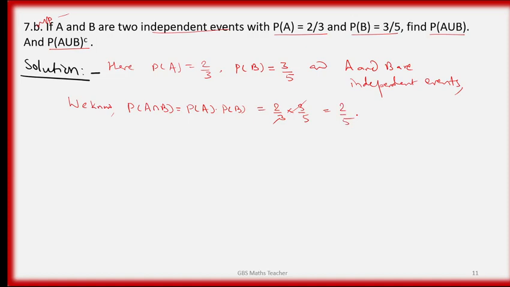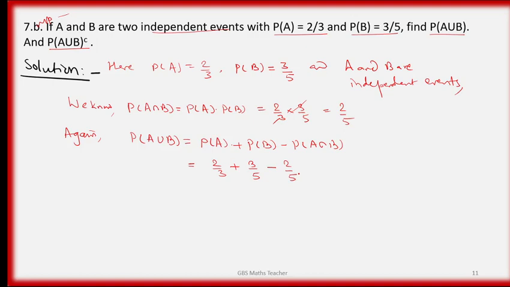Again, probability of A union B equals probability of A plus probability of B minus probability of A intersection B, which is 2 by 3 plus 3 by 5 minus 2 by 5.